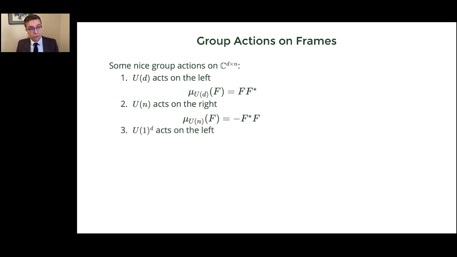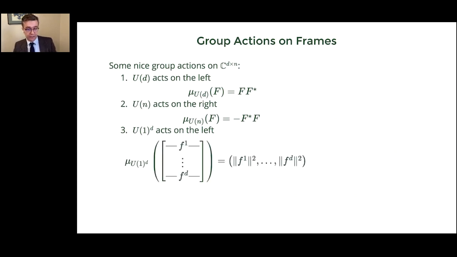Okay, what else? Well, if I wanted to think about abelian groups that act, I could act by diagonal unitary matrices on the left. And if I do that, the moment map turns out to record the squared norms of the rows.